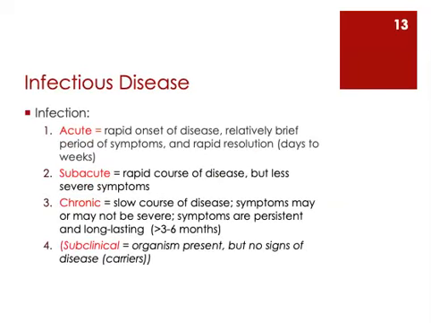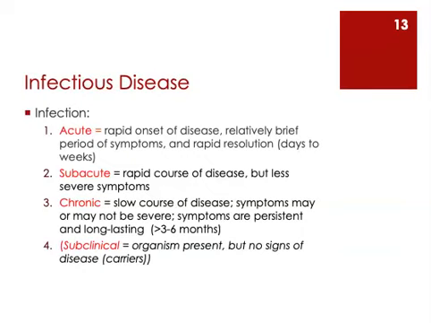Once infection has begun inside the body, we can describe how it is proceeding by using several different terms. A lot of infectious disease is described as being either acute, subacute, or chronic.